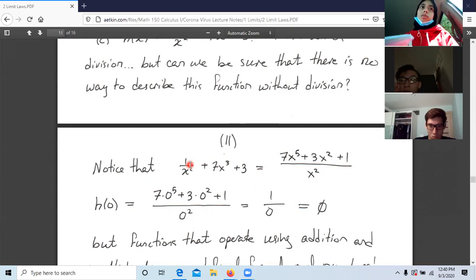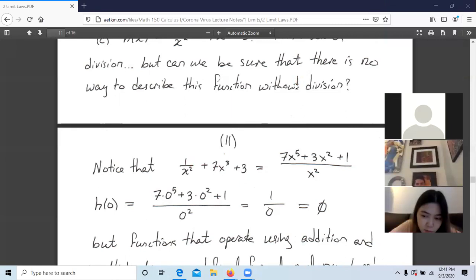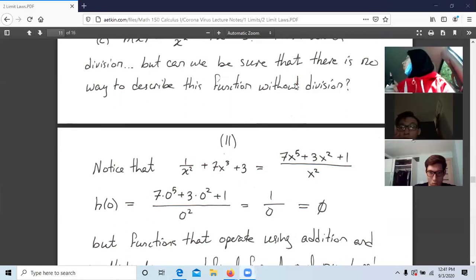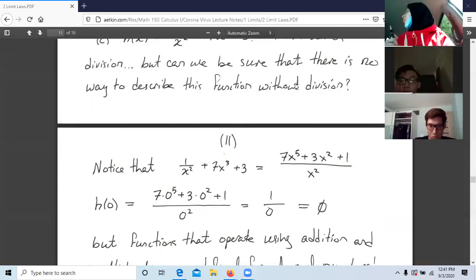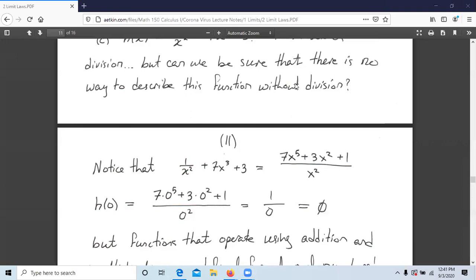Suppose I figured out how to express it using only addition and multiplication. I put it in polynomial form. You put any number into polynomial form, you will always get another number out, because it will be a bunch of multiplications and additions. But here, I put 0 in and I don't get anything out. It's undefined. So therefore, it's not a polynomial. Good? Okay, are you with me? Write yes if you understood, and let's move to the next problem.